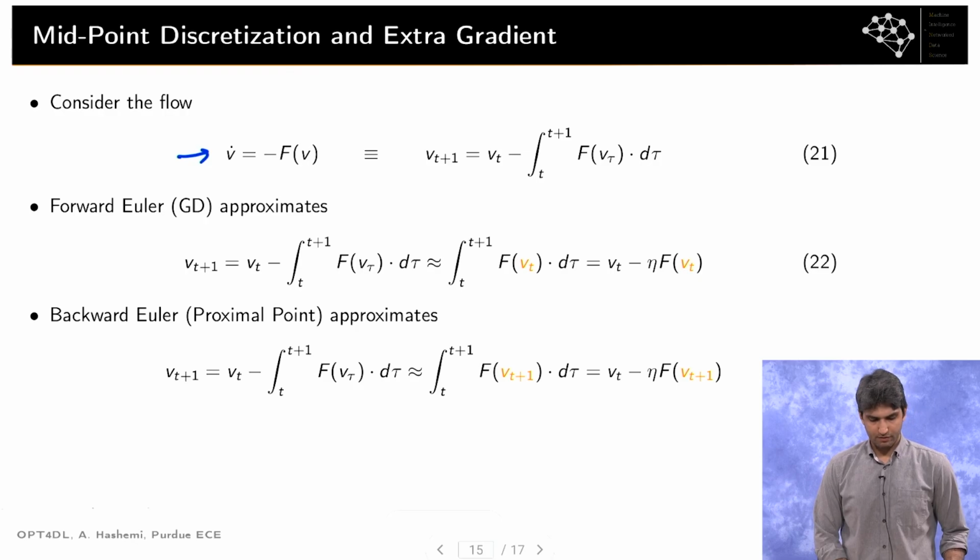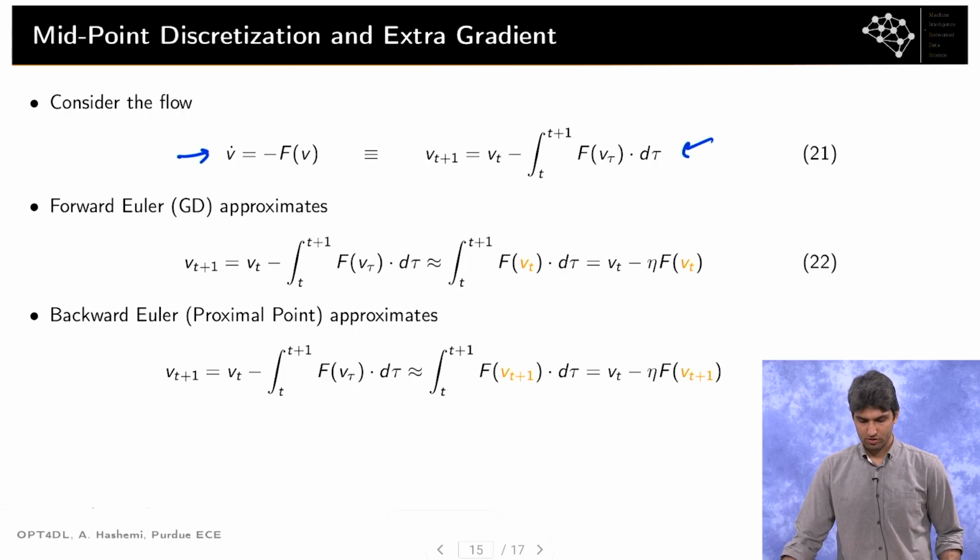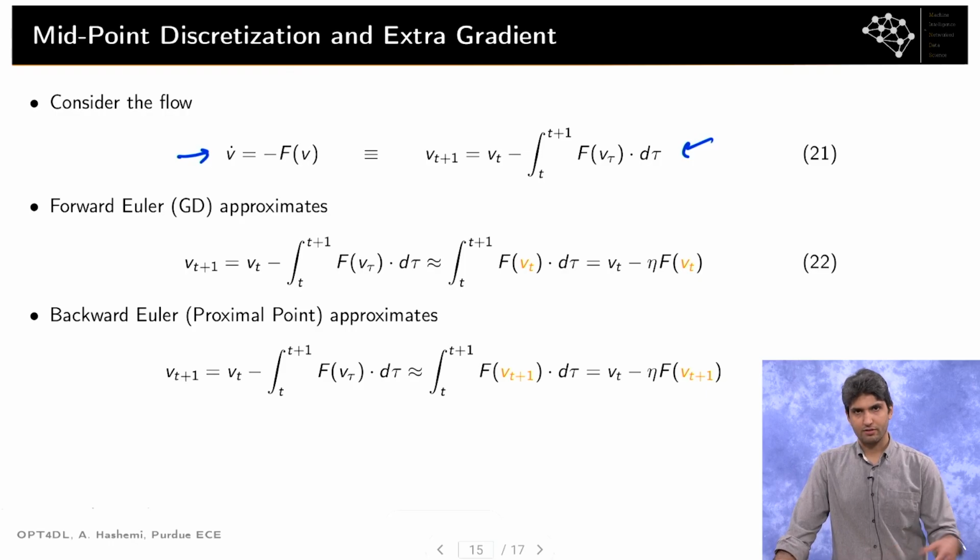The derivative of v with respect to time is just minus the flow. And if you take the integral on both sides, this is going to be equivalent to what I've written on the right-hand side of equation 21. Now, we haven't done anything. Solving this integral is as hard as solving the original ODE. So what do we do? Well, we do approximation. We do discretization in particular.